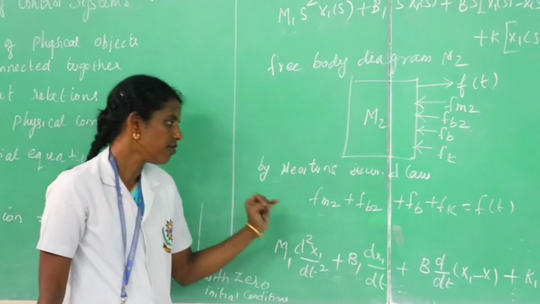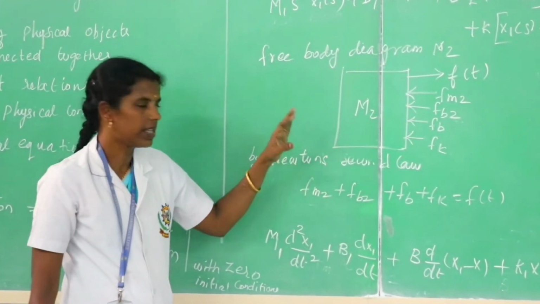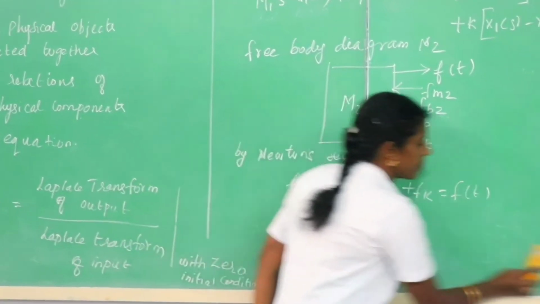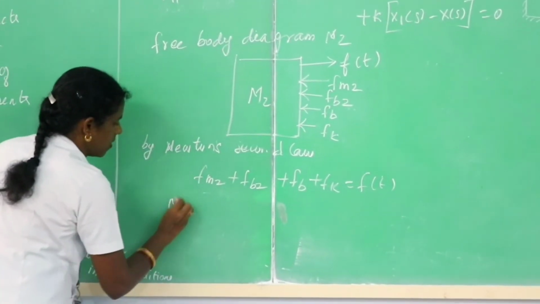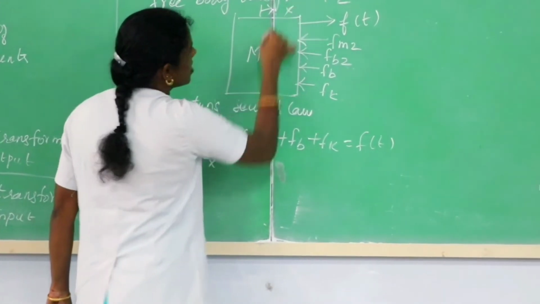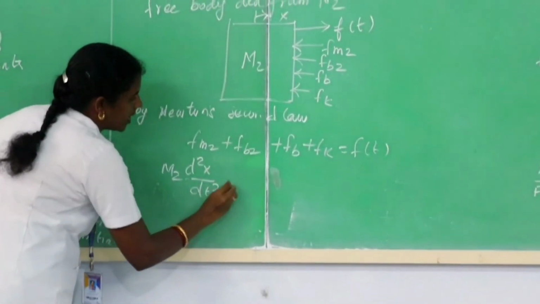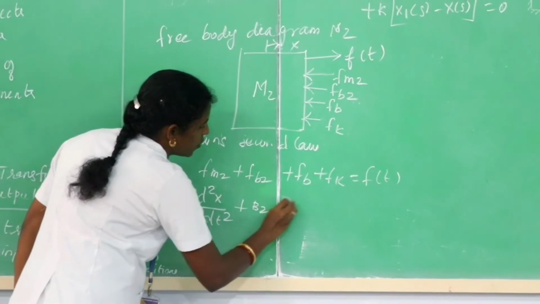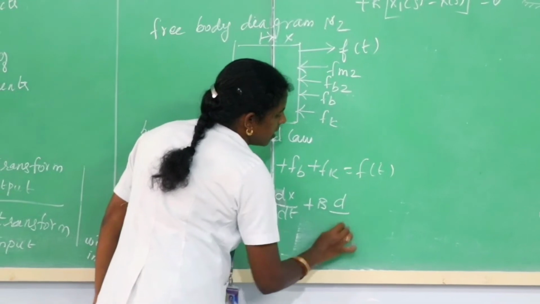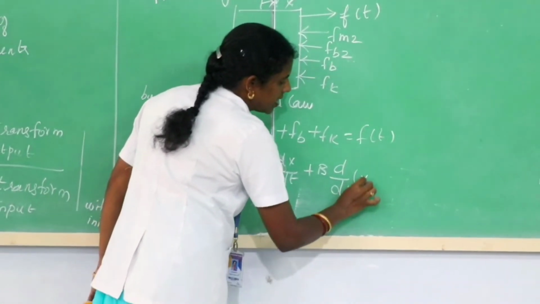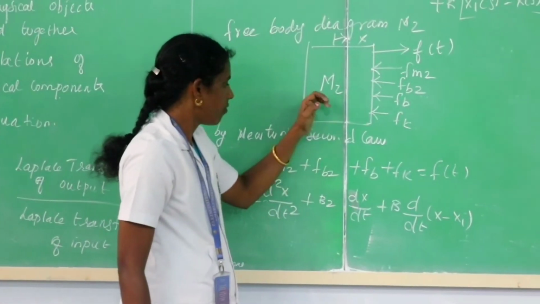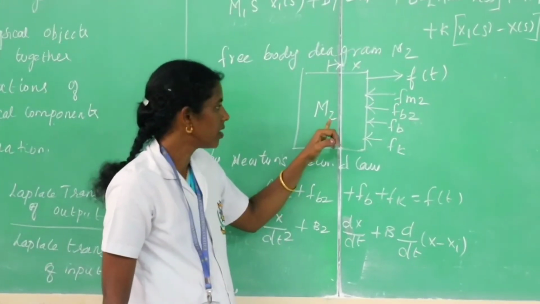Again, we are going to write the force balance equation for all the three elements of the mechanical translation system. So, now the equation becomes m2 d squared x divided by dt square, plus b2 into dx by dt, plus b into d by dt of (x minus x1), because we are choosing the force which is acting on this m2.